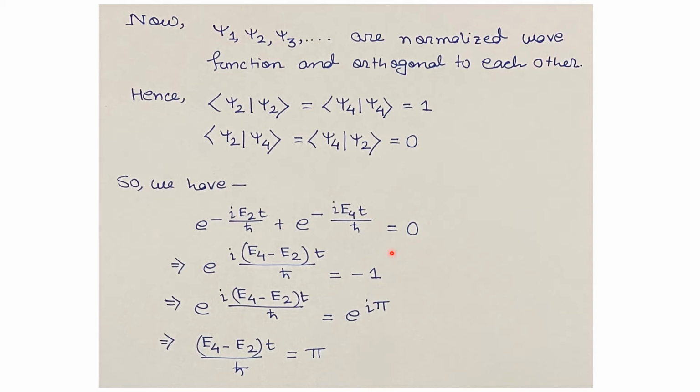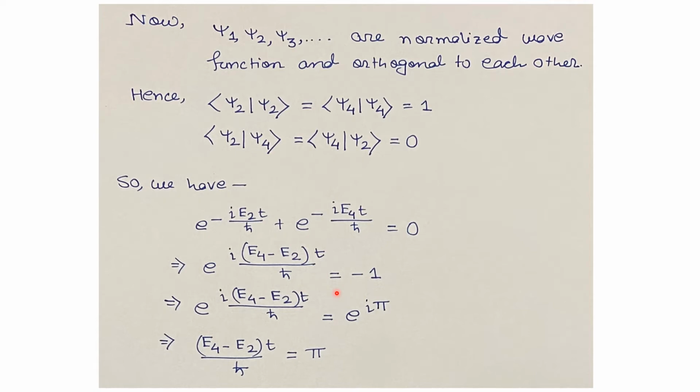Now we'll divide the whole equation by e to the power minus i E4 t by h cut. So basically it will give e to the power i (E4 minus E2) t by h cut plus 1, and we'll take that plus 1 to the right hand side. So it will give this equation.